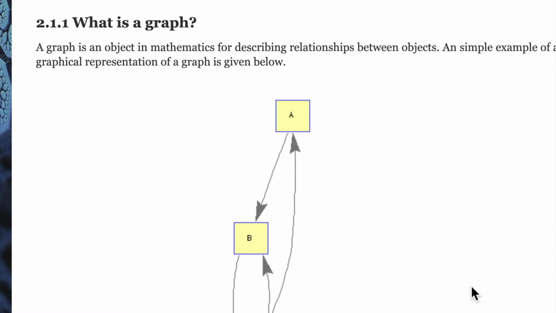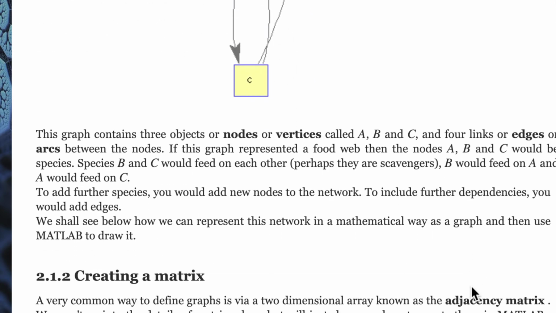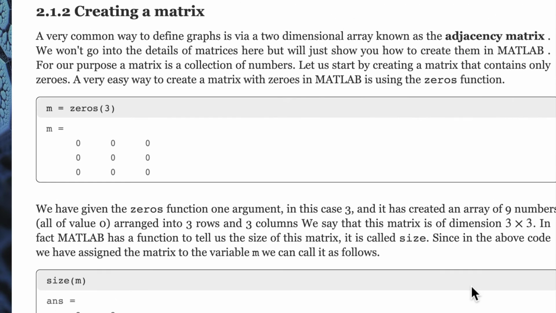So in this case, in network theory is the concept of a graph, which comes from graph theory, but which is an easy concept to implement in MATLAB once you see the instructions how to do it.